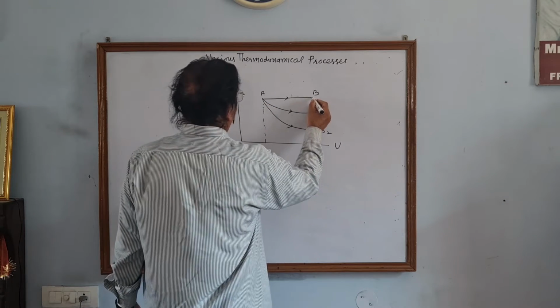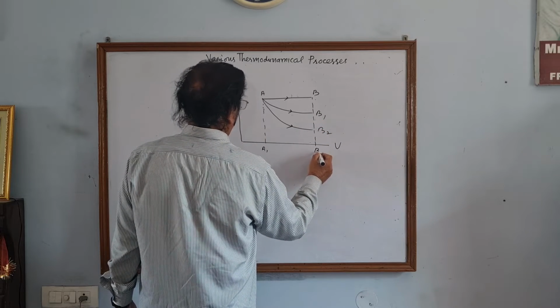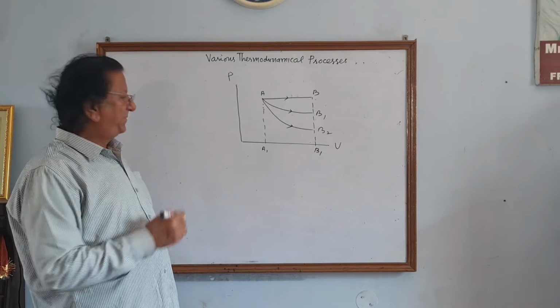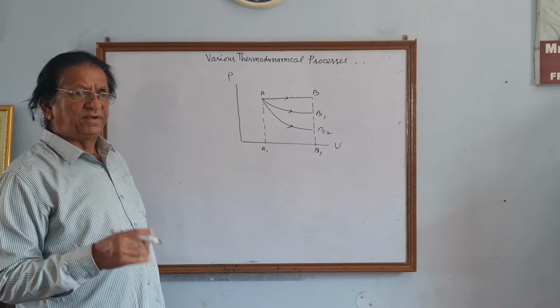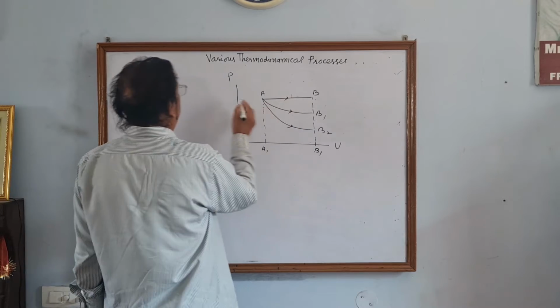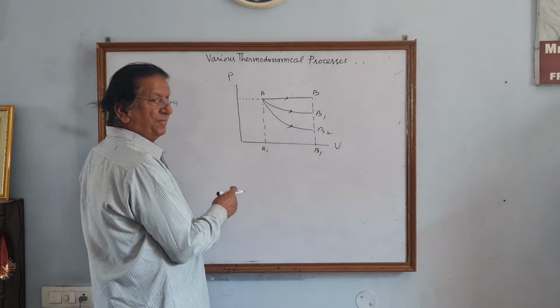Starting point and finishing point. So first of all, you have to label which part of the graph is indicating which process. For example, AB. Here, this graph is parallel to the volume axis. Isobaric.